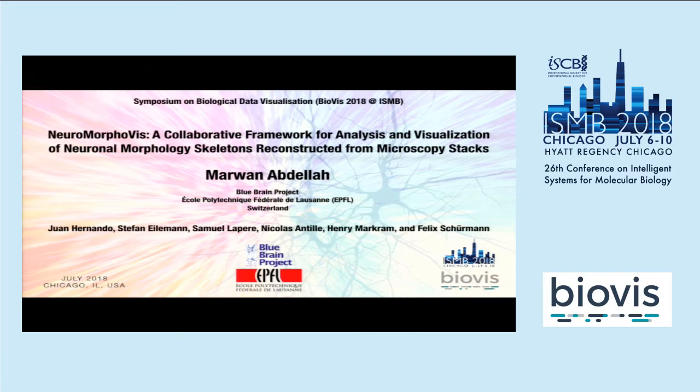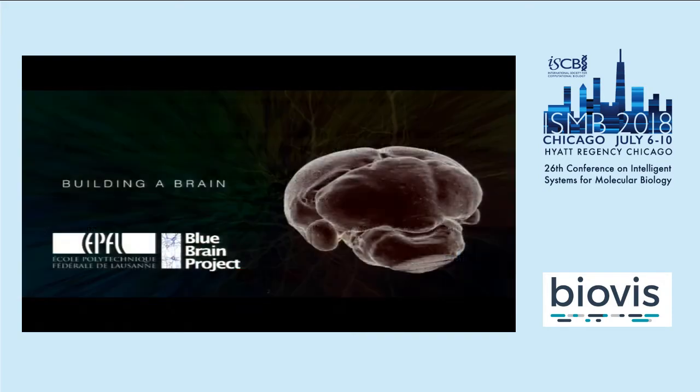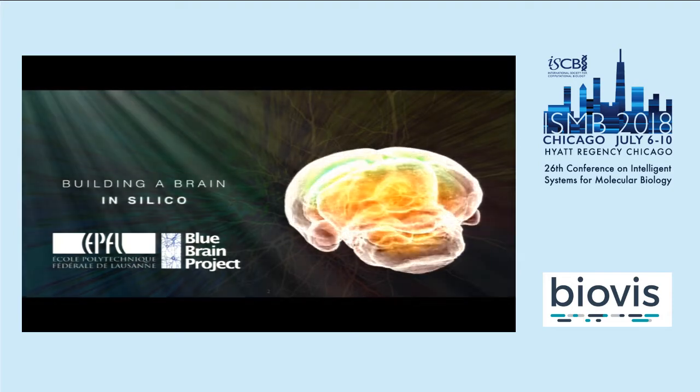So before actually starting explaining what NeuroMorphoVis is doing, I have to explain the reason why we developed it. In the Blue Brain project, we build a brain, but in silico. We try to simulate a brain and reverse engineer the mammalian brain in order to understand its function and structure.